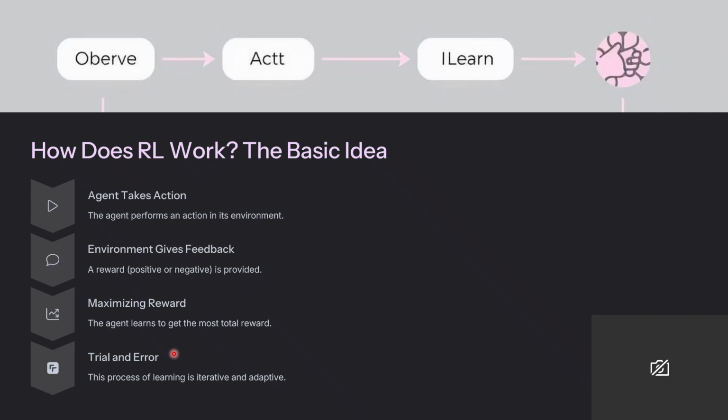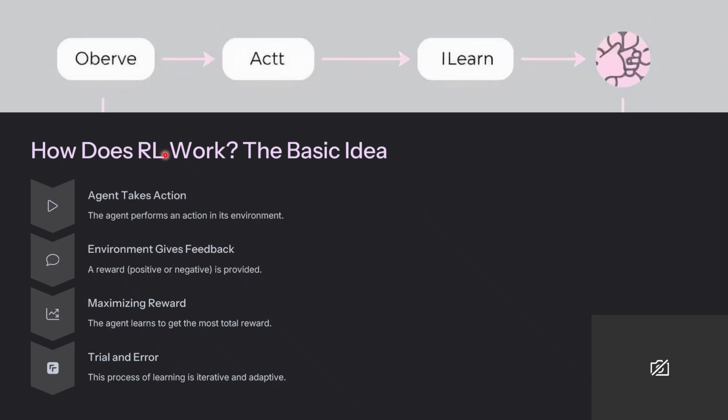This is called trial and error. It means he is doing something in the environment and learning from that, just like a small baby learns.